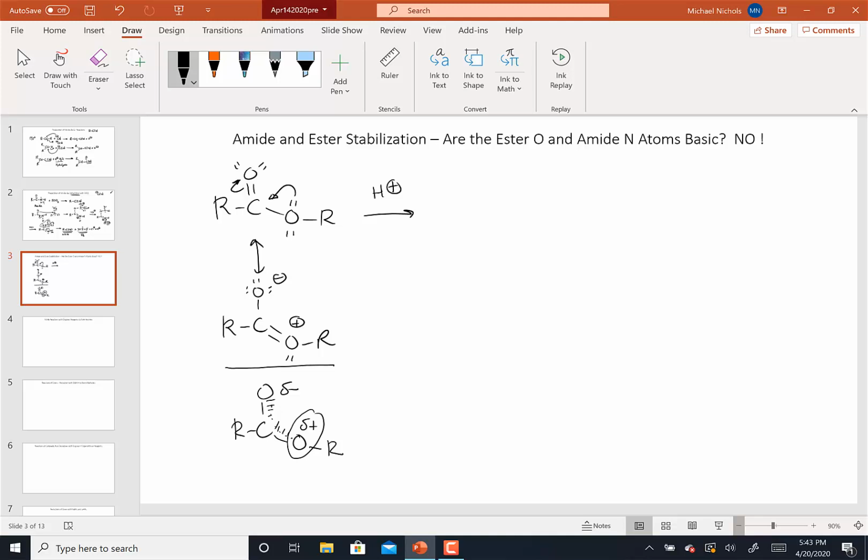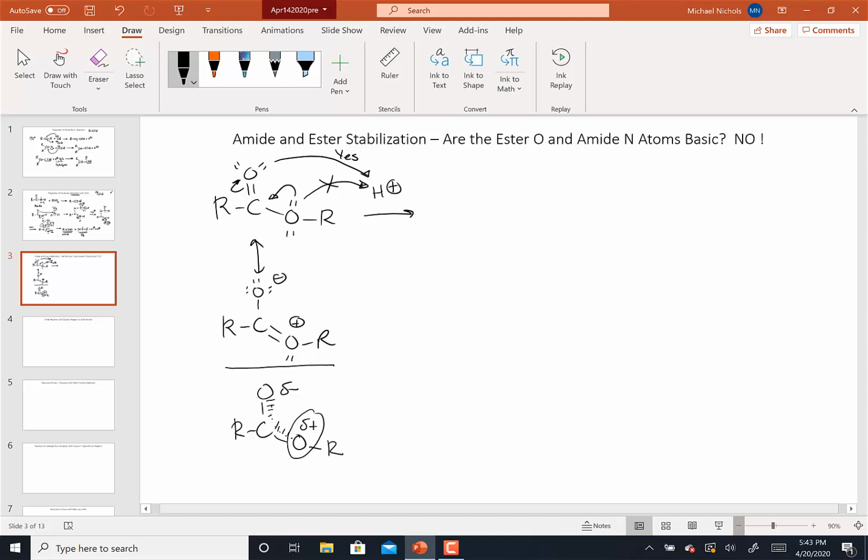And so we never add the H plus. The H plus, well, let me draw the arrow in the correct direction. The H plus never gets added to the ester oxygen. We always protonate the carbonyl oxygen. So ester oxygens are not basic because of that second resonance structure.